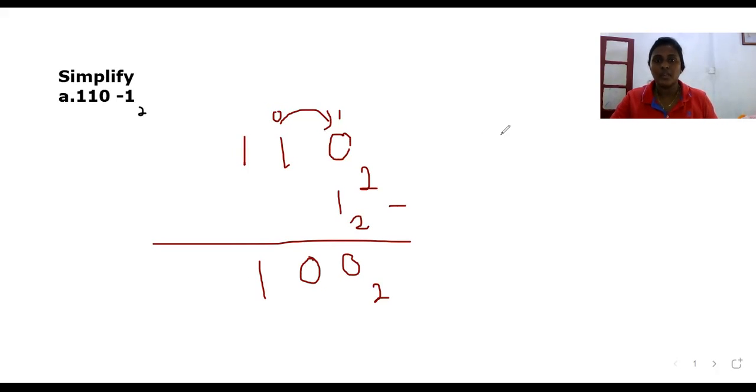Well, let's move to another example. Now think you have to simplify 1101 minus 111. Think such a question is there. Then here base 2. Then how to do this?